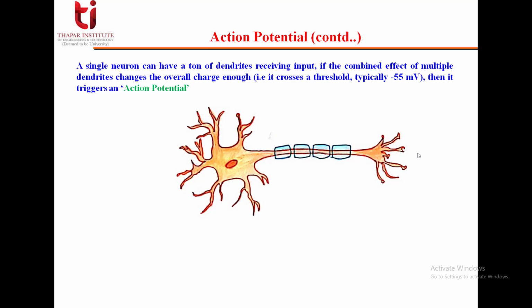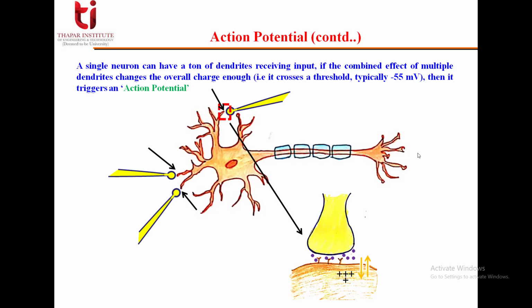Now, a single neuron does not have a single dendrite. We have tons of dendrites. So, when all the dendrites are receiving signals, and if the combined effect of these multiple dendrites changes the overall charge enough to cross a threshold, which is typically minus 55 millivolts, then it triggers an action potential.